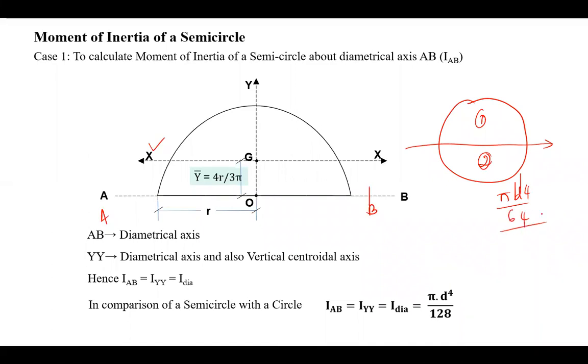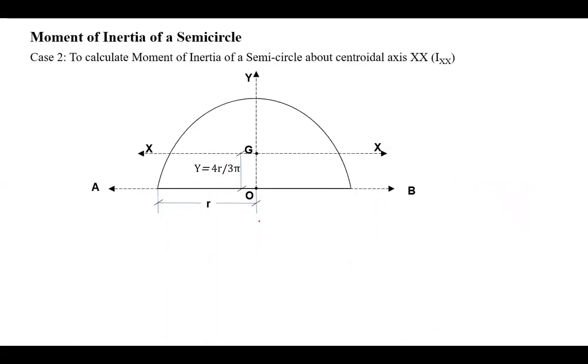Now the second part is not there, you have only half the circle, which is nothing but the semicircle. In the previous case it was the x axis, but now this has become axis AB. Therefore, the moment of inertia about axis AB can be obtained by just dividing the moment of inertia of the circle by 2. So it will become pi d to the power 4 by 128.